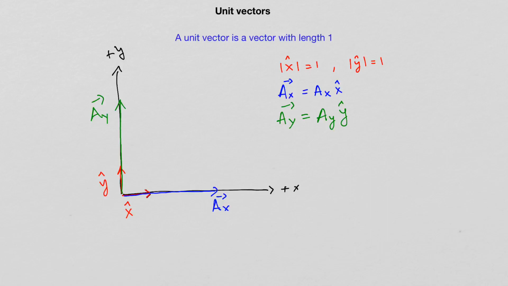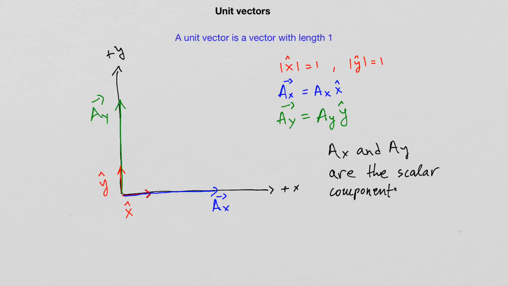So these coefficients here, ax and ay, are called the scalar components of the vectors ax and ay. So let's write this down. So ax and ay are the scalar components of the vectors ax and ay.